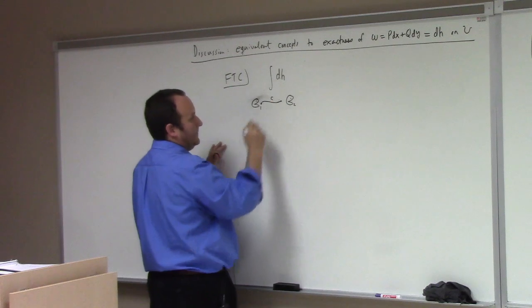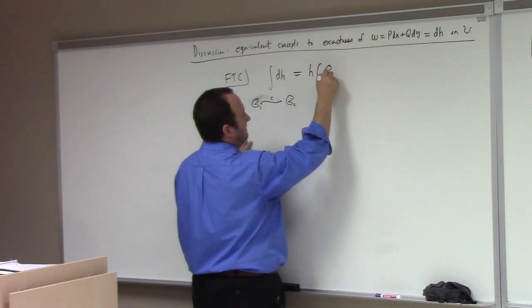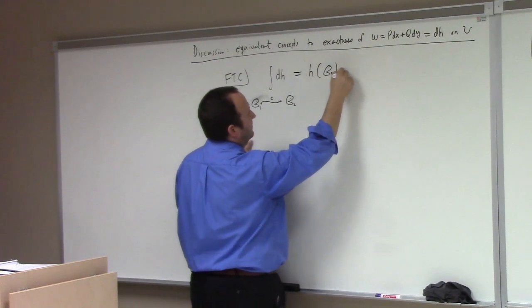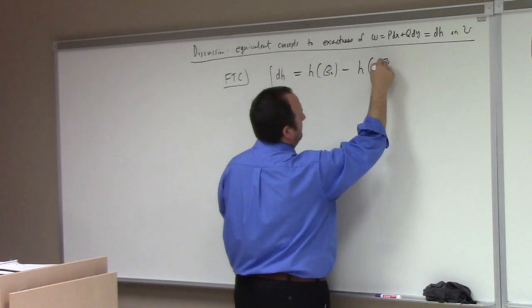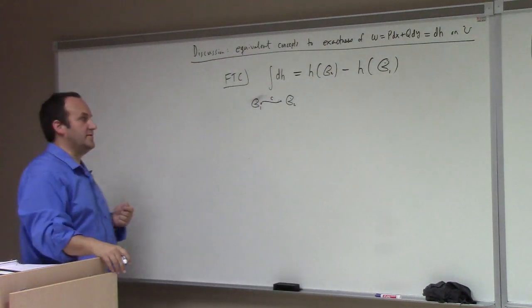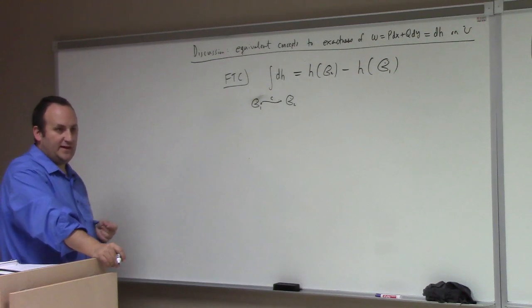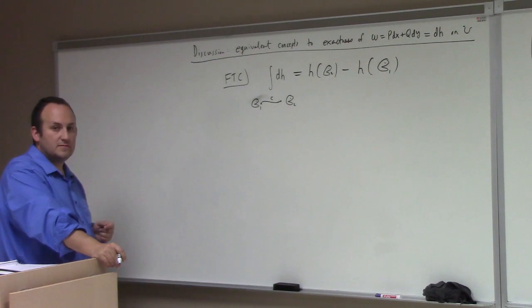Then the integral of dh is h of Pac-Man 2 minus h of Pac-Man 1. This is the fundamental theorem of calculus. And the proof of this, again, I won't even write down. It literally follows from applying the regular fundamental theorem of calculus for line integrals separately to the real and imaginary parts of h.